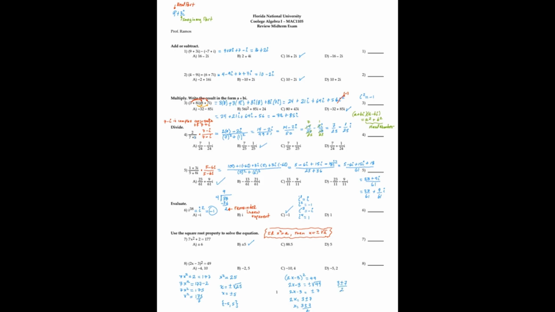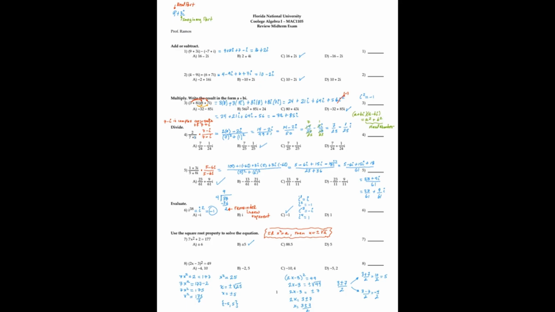One solution would be 3 plus 7 over 2, which is 10 over 2, which is 5. And then 3 minus 7 over 2, which is minus 4 over 2, which is negative 2.